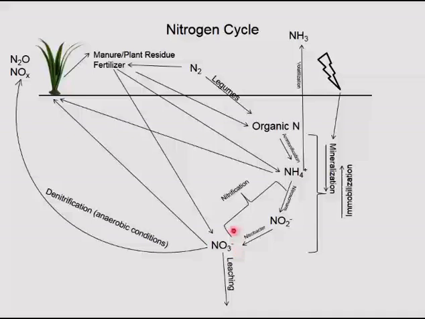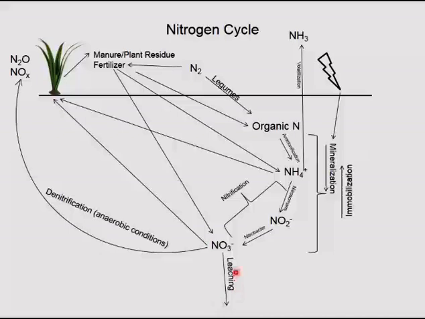Nitrate, on the other hand, is an anion, and remember, in the soil we tend to have a cation exchange capacity, and because our soil colloids are negatively charged, there's actually a repulsion for nitrate in the soil. That being the case, nitrate has a real tendency to leach.